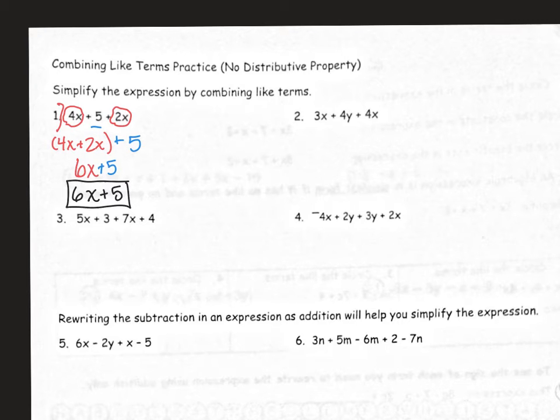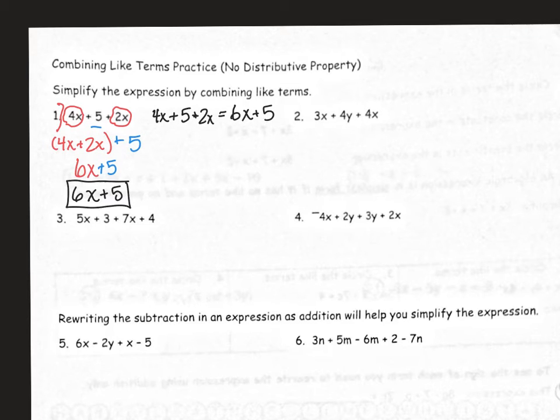Now what I want to talk to you about is how you can actually check your solution. To check the solution, we're going to use substitution. So the first thing I'm going to do is rewrite the expression 4x plus 5 plus 2x. Now, if I simplified it correctly, then it should be equivalent to 6x plus 5.